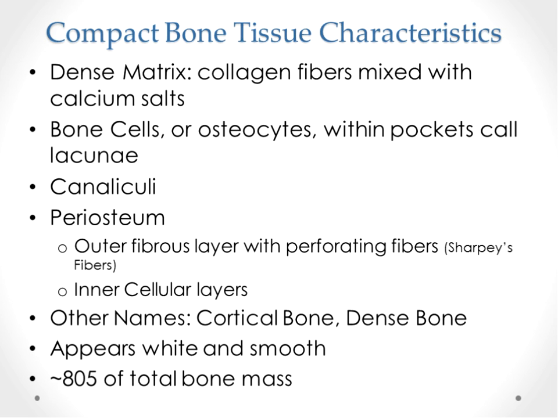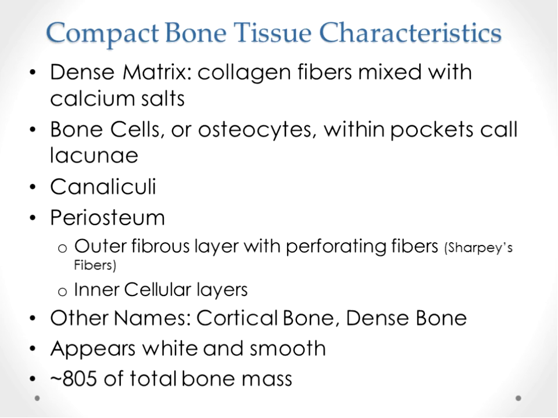All right. Other names for the dense part of the bone matrix are cortical bone, dense bone. Cortical comes from being the outermost bone of flat bones, and dense bone because there's not a lot of, again, open space in the matrix area.